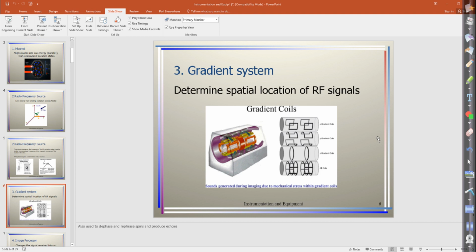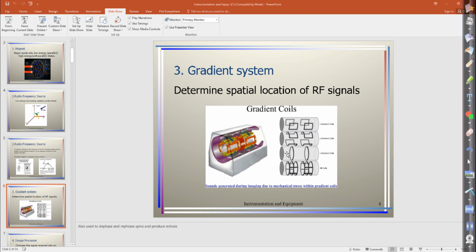And our gradient system is designed for spatial localization, or spatial encoding, of the data. We have all this data being collected, but we need to make sure that signal gets placed into the correct voxel. So we have gradients on either side of the patient, right and left, which are our X gradients, our Y gradients in front and behind the patient, and our Z gradients at the head and feet of the patient.